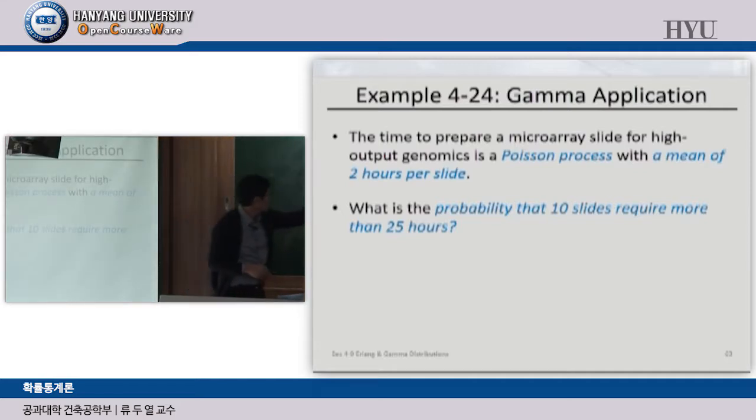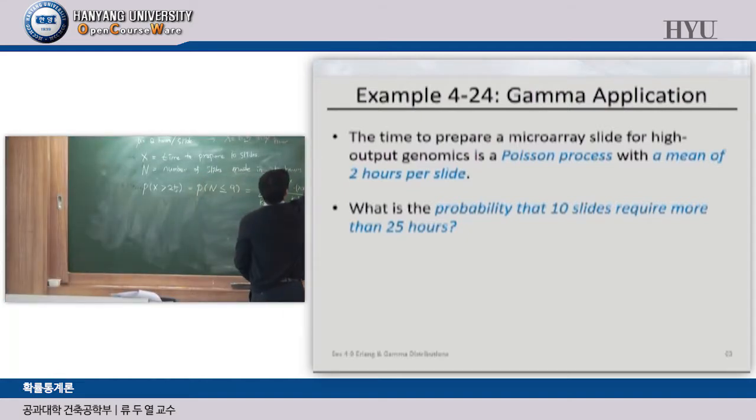Because we are going to use the random variable N here. The definition of the random variable N here is the number of slides made in 25 hours, which means that the lambda should be some value in slides per hour. Okay?